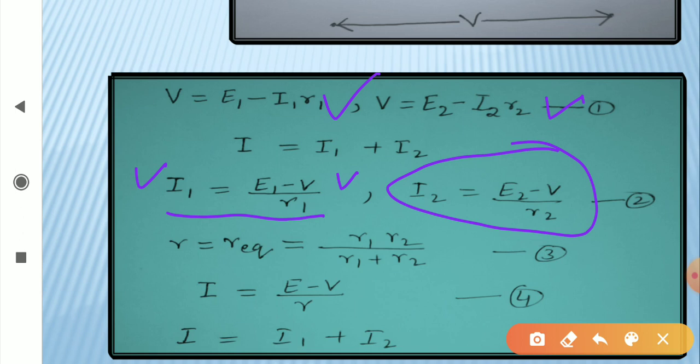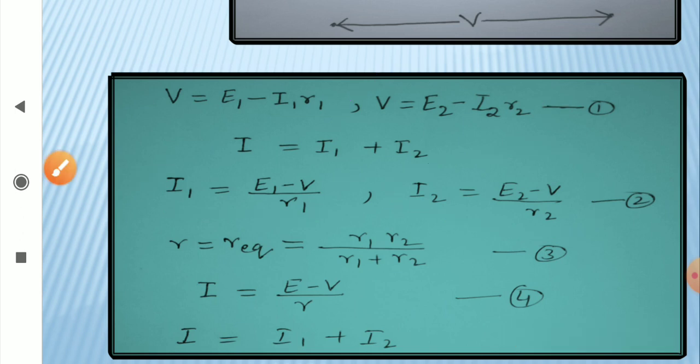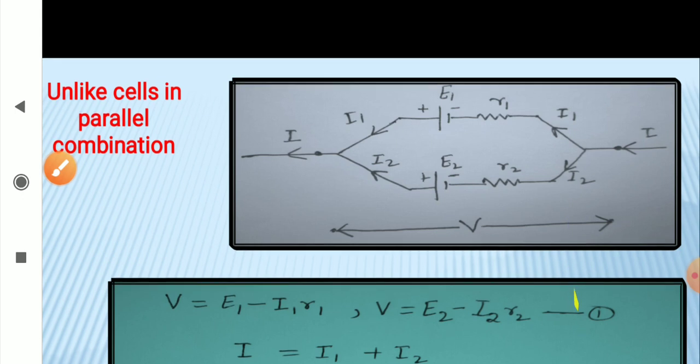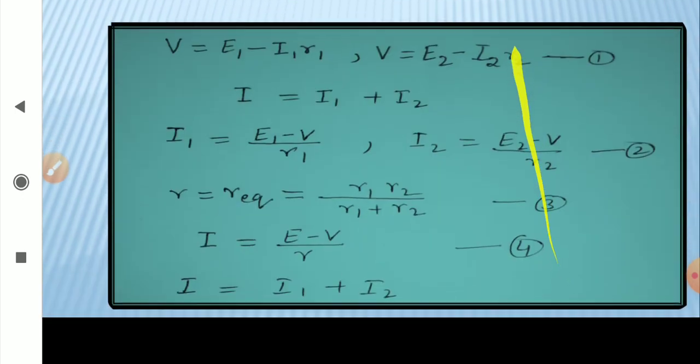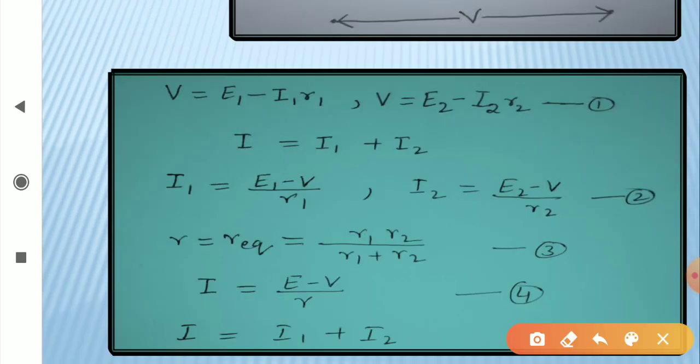And the equivalent internal resistance of this circuit: you see, r1 and r2 are in parallel, so their equivalent internal resistance is r1 r2 upon r1 plus r2. Okay, you take 1 upon r1 plus 1 upon r2, take the LCM, take the reciprocal, and you will get this much, right?